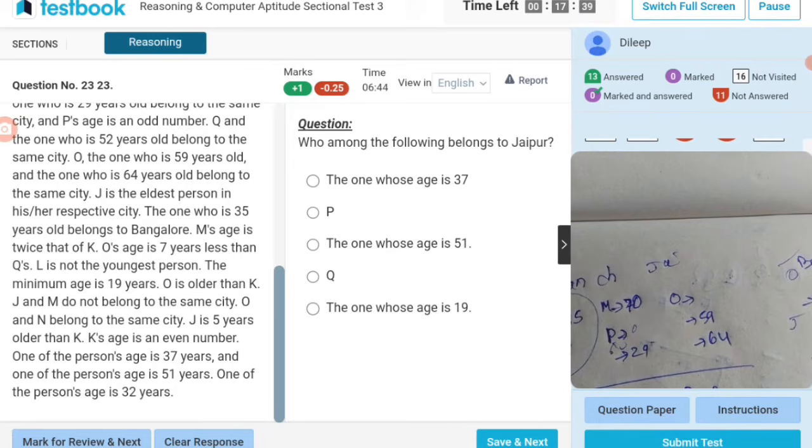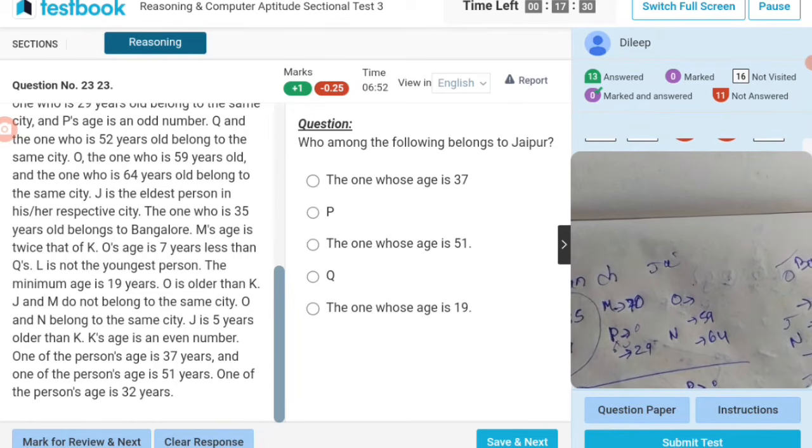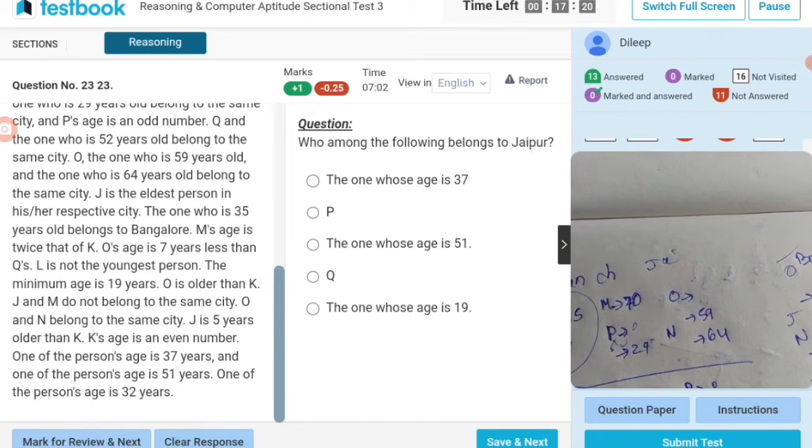O and N belong to the same city. J is 5 years older than K.